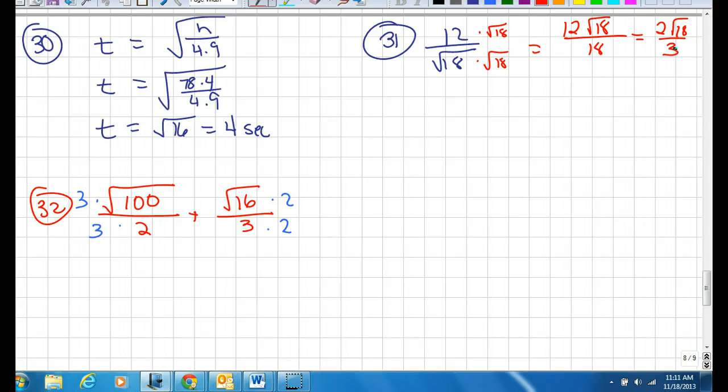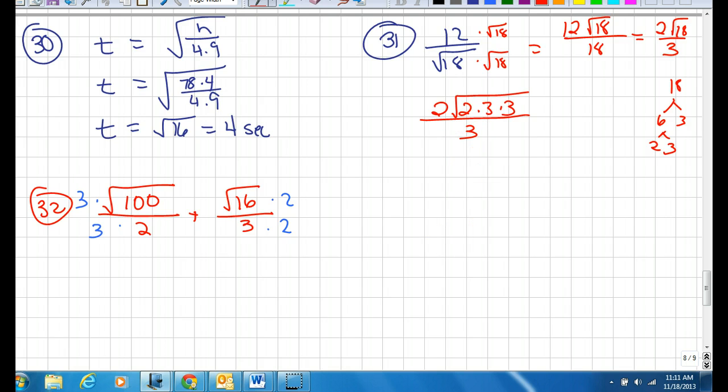Yeah, so we got to take that 18 and find the prime numbers in it. Okay, so let's do that right here. What goes into 18? 6 and 3 and 2 and 3, right? So 2 square root of 2 times 3 over 3.